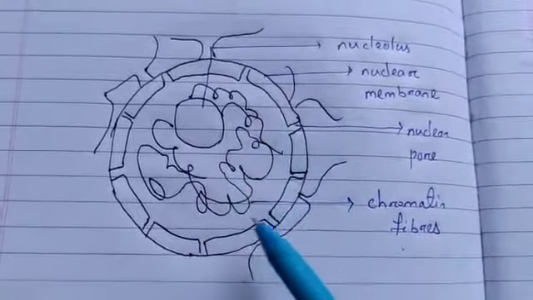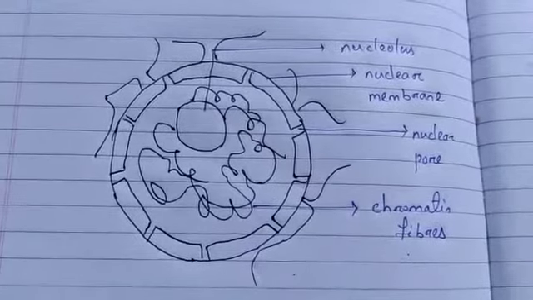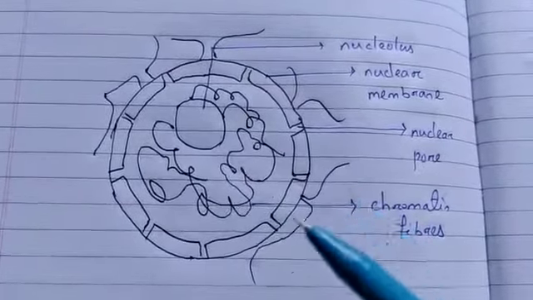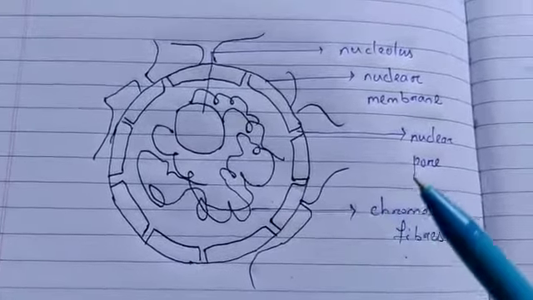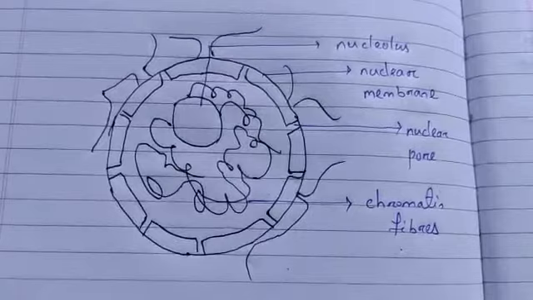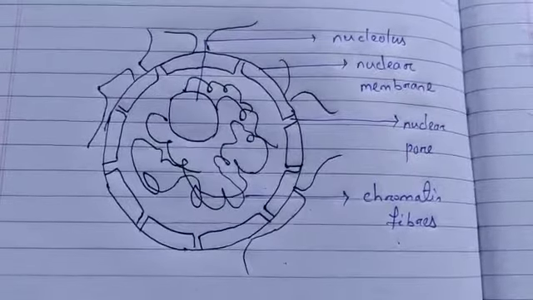That is possible only when the cell is about to divide, because the chromosomes contain information for inheritance of features from parents to the next generation in the form of DNA.